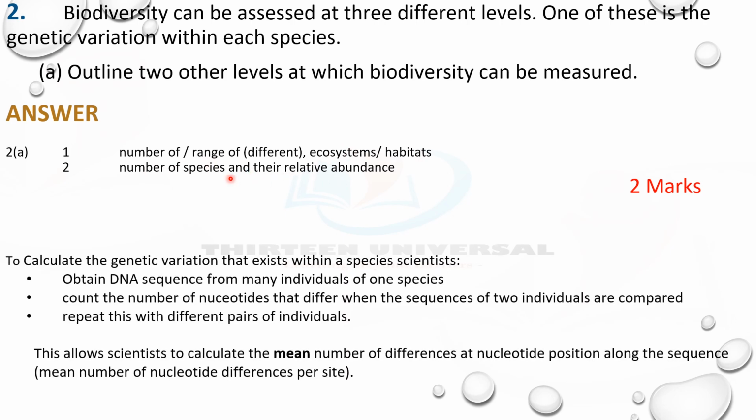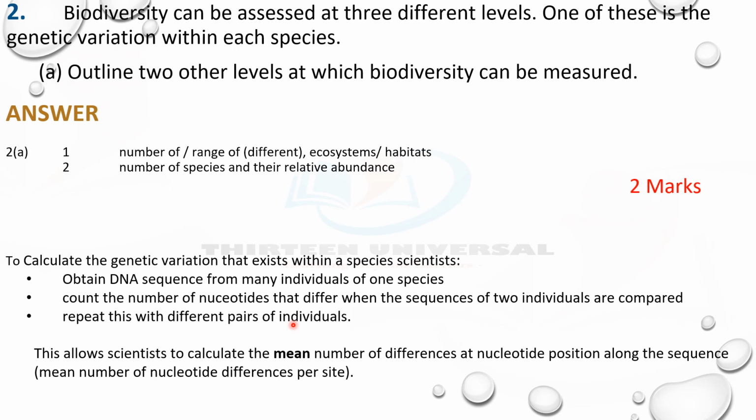Look at the next question here. To calculate the genetic variation that exists within a species, scientists obtain DNA sequences from many individuals of one species, then count the number of nucleotides that differ when the sequences of 2 individuals are compared. Let's repeat this with different pairs of individuals.